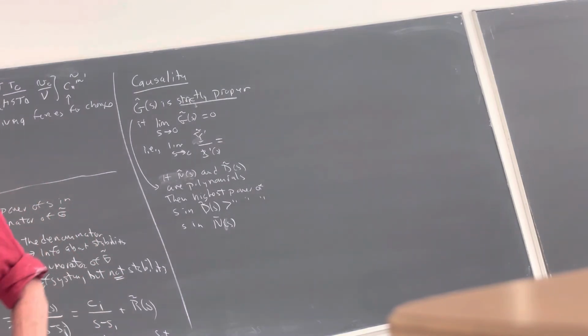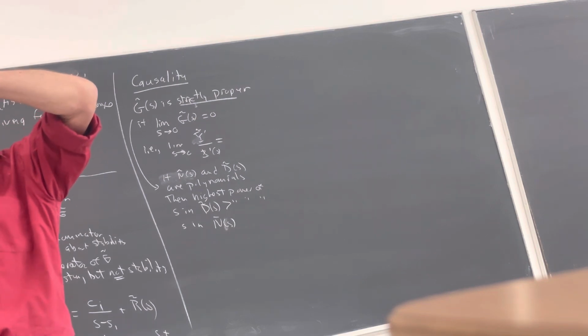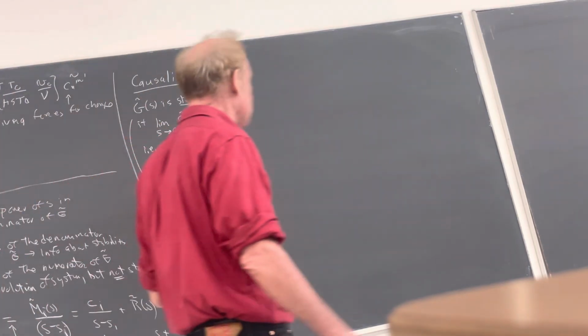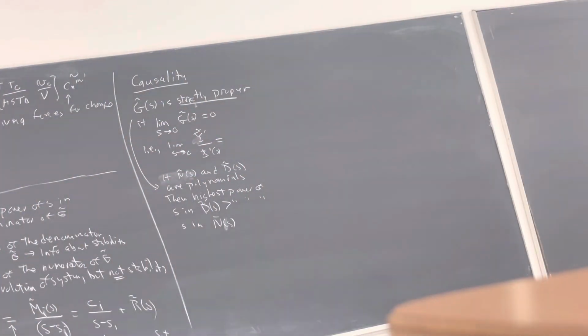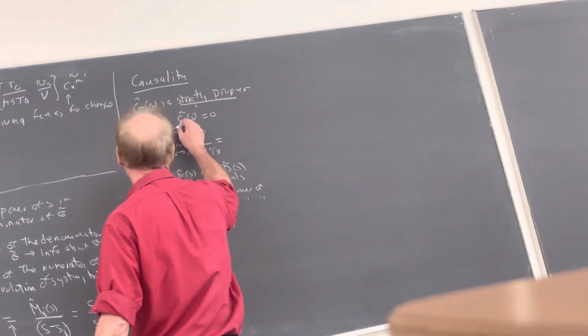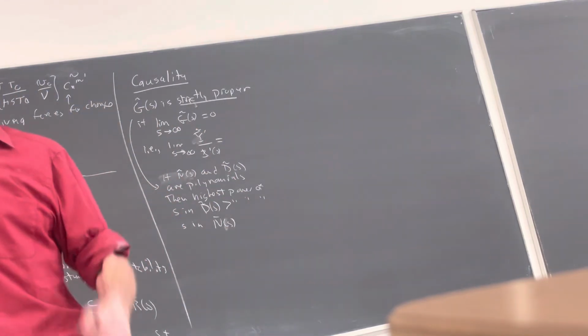Is that clear? If I want the limit to go to 0, I better have more S's in the denominator than I have S's in the numerator. Did I do that right? I think it's S goes to infinity. Let me just make sure. It's S goes to infinity, I'm sorry.